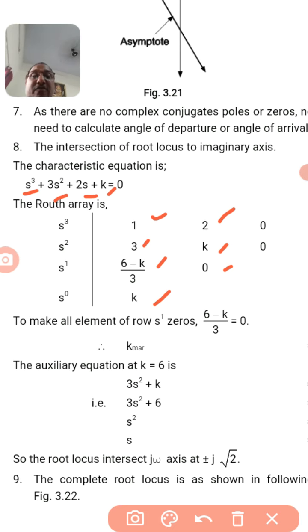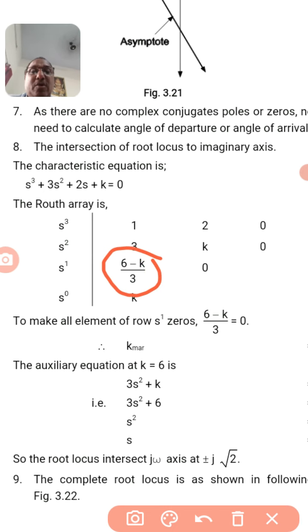Now you will find that to make the elements of row s raised to 1 zero, k max is equal to 6. Why should it be 0? There should not be any sign change in column 1, that's why it should be 0 or greater than 0. This is a rule of Routh-Hurwitz criteria. So k is equal to 6. Now k is changing from 0 to 6.